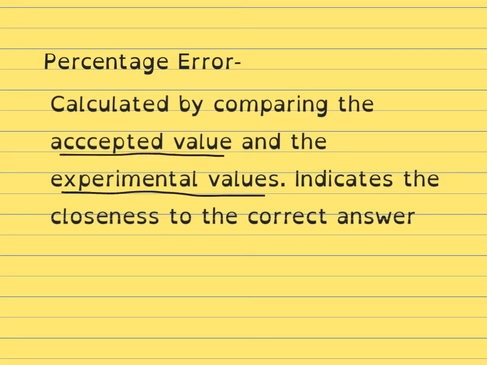The accepted value is usually given or is something you look up as a known value that is the version of the number that you're measuring accepted by all people. An experimental value is something that you calculate, you find in the lab, and it could be different depending on the situation or the person measuring it.